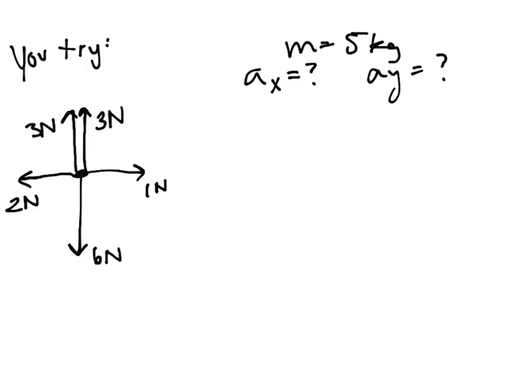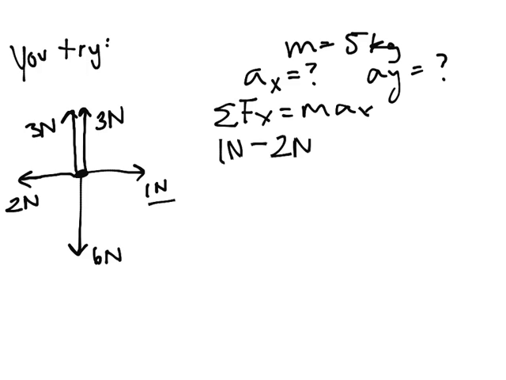So let's do x first. So sigma Fx is equal to m times a, oops, almost wrote y, and x. So remember, it's the right minus the left. So we have, our right is 1 newton minus the left is 2 newtons. This is equal to our 5 kilogram mass times our acceleration in the x direction.